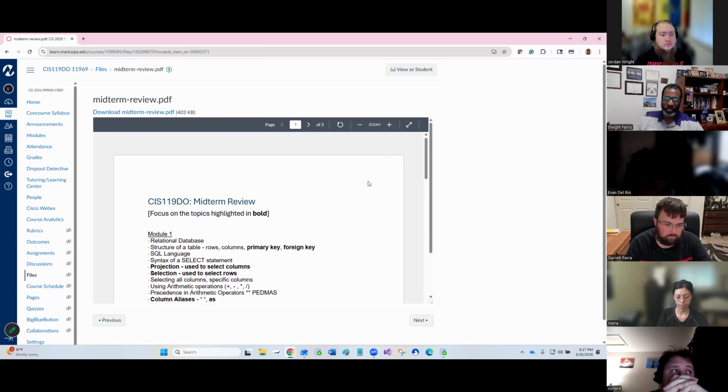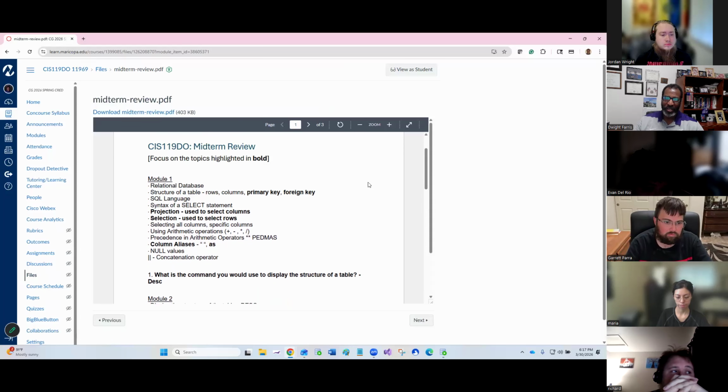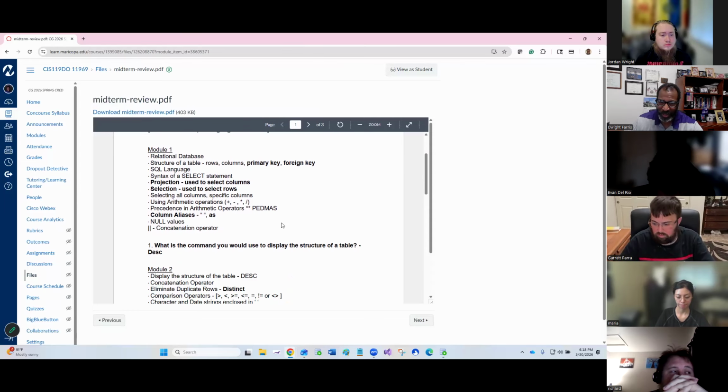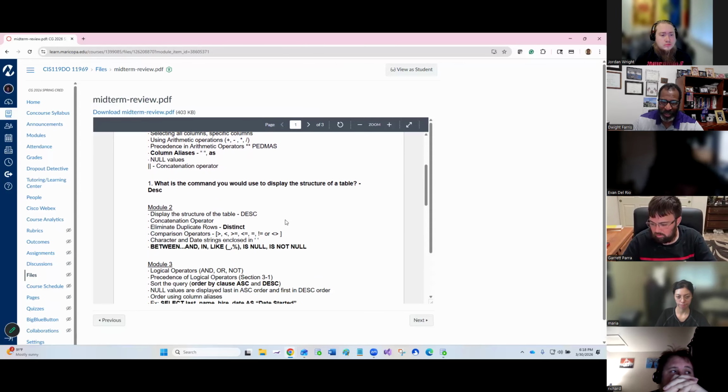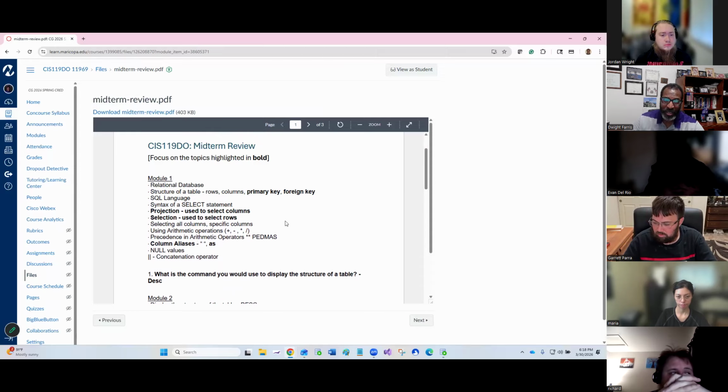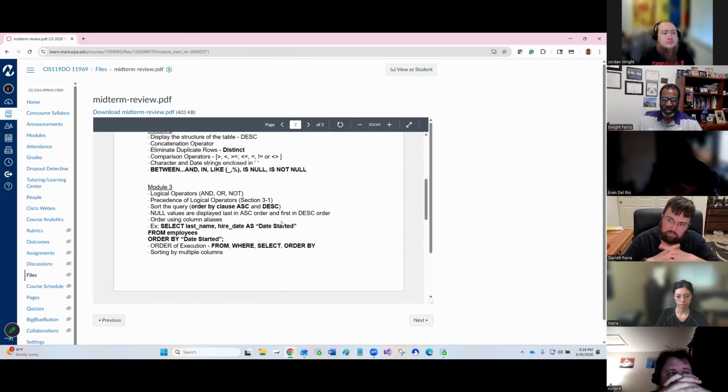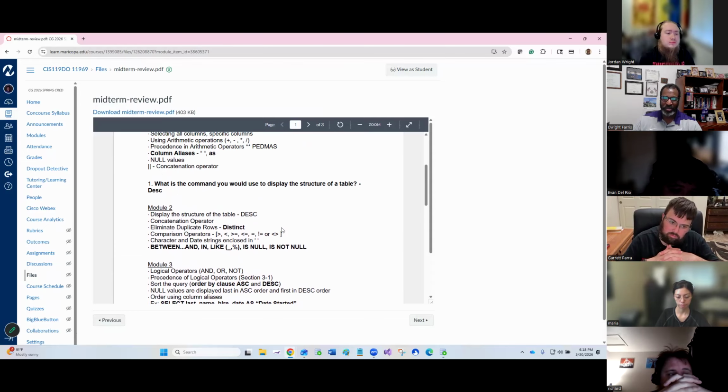You do have a review sheet, and I actually, just to let you know, I pay very close attention to make sure, especially all the bolded items, there's components in the bolded items for sure, but it doesn't mean the items that are not bolded are not included, but pay attention to the bolded items. I suggest reading through this, printing it out.